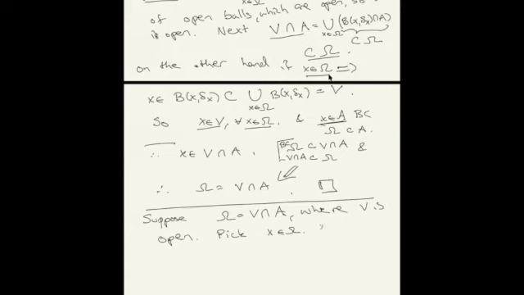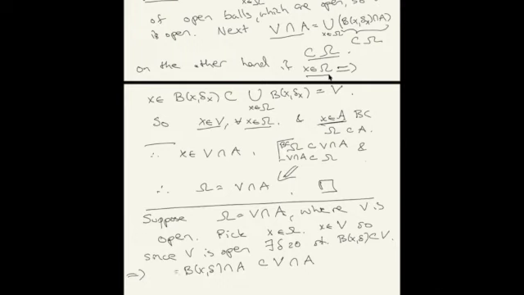Well, x belongs to V, so since V is open, there exists a delta positive such that B(x, delta) in the big space is contained in V. So now if we take B(x, delta) intersected with A, this is contained in V intersected with A. But this is the same thing as the dA ball B_dA(x, delta), and this is the same as omega.